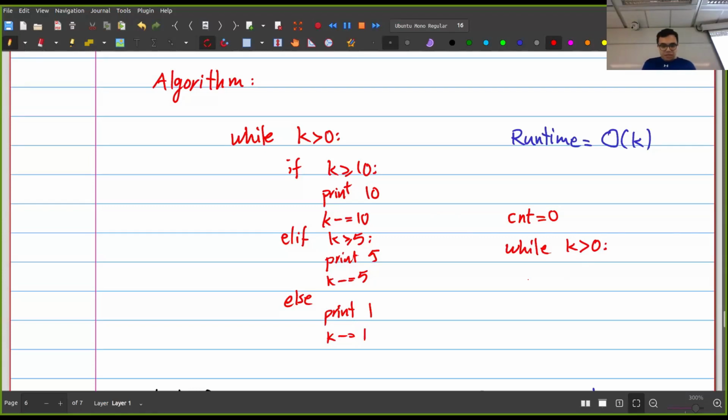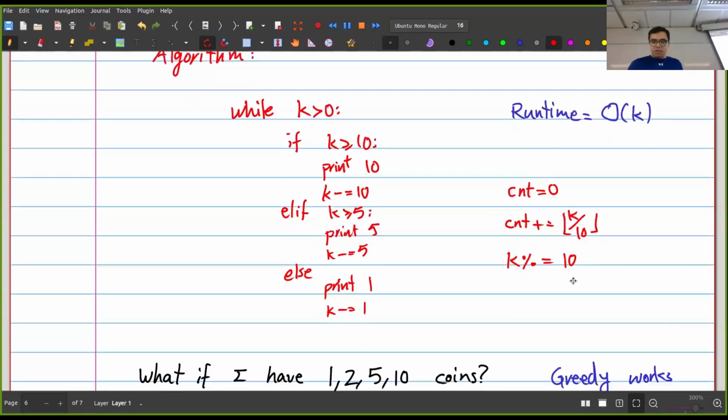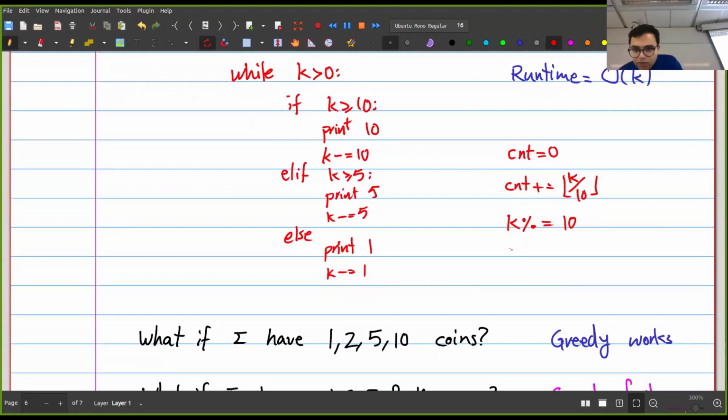So actually I can remove the while completely, and I can say my answer increases by K over 10, because that's the number of $10 coins that I'm going to pay. And after I pay this, I just have the remainder of K by 10, and that's what I have to pay now. Now, again, I do the same thing with 5.